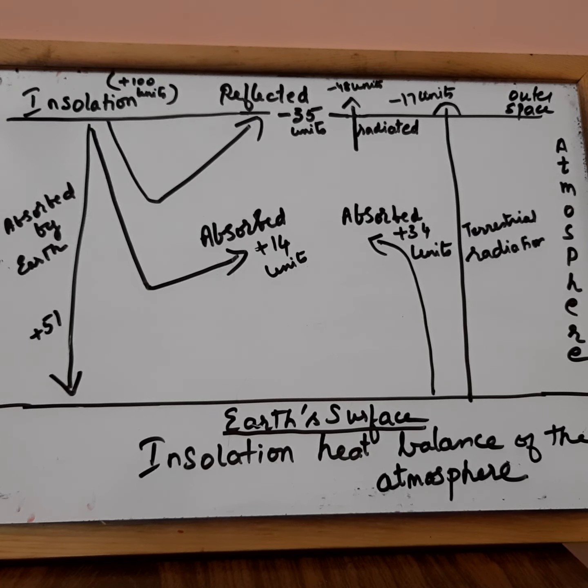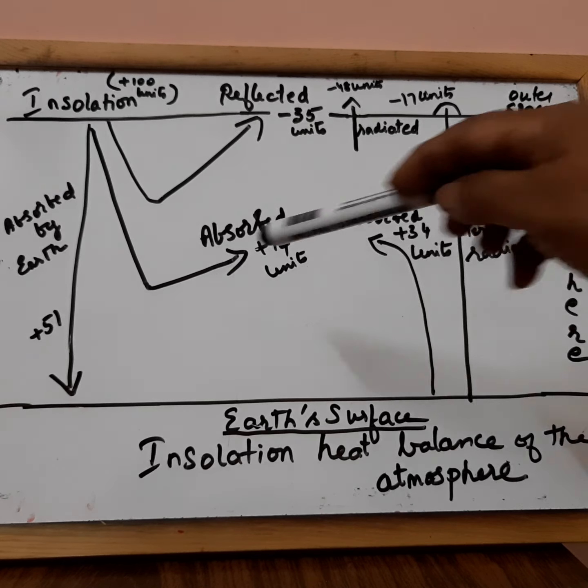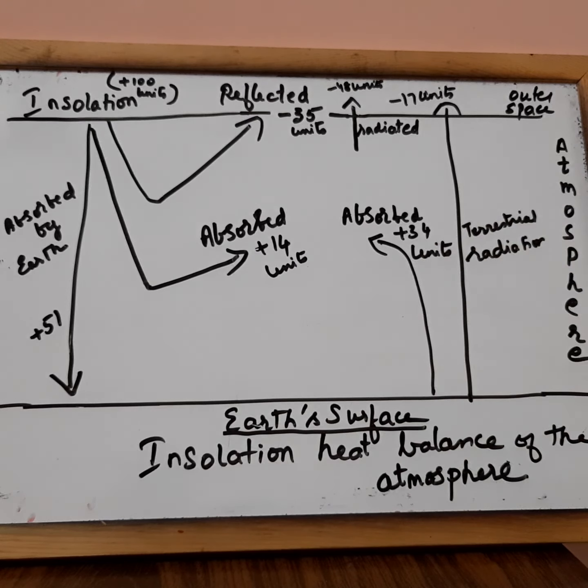The glass house is warmer inside than outside because glass permits radiation to get in. How? Atmosphere permits radiation to get in. But a glass house does not allow radiation to escape out immediately.